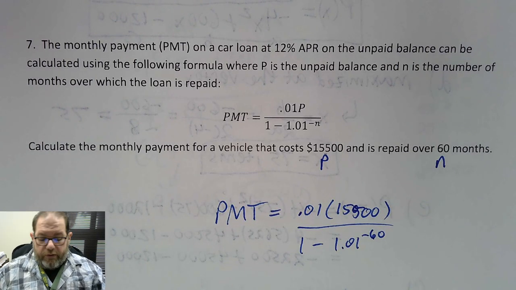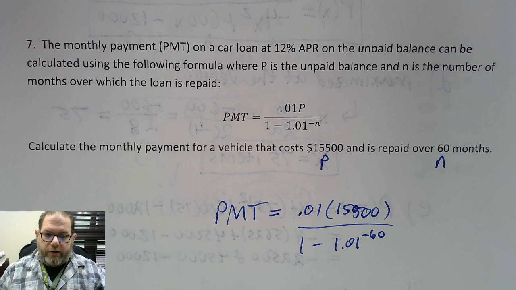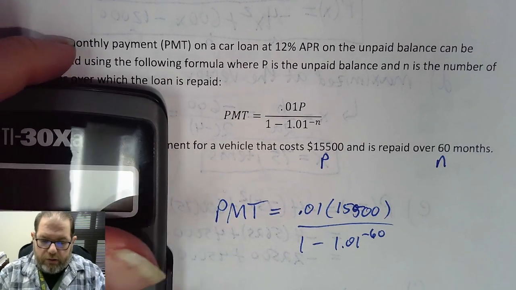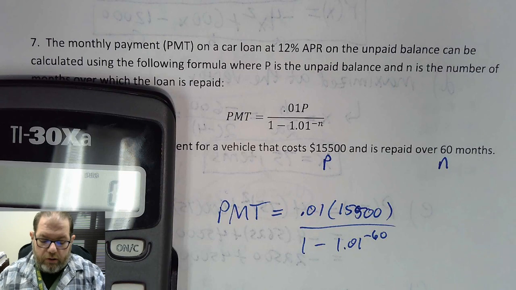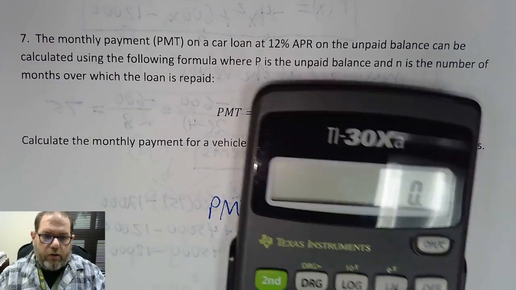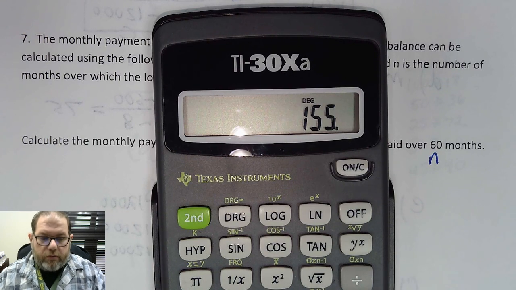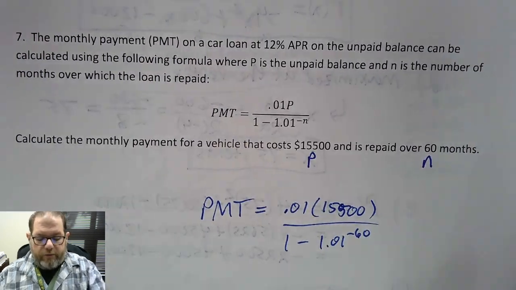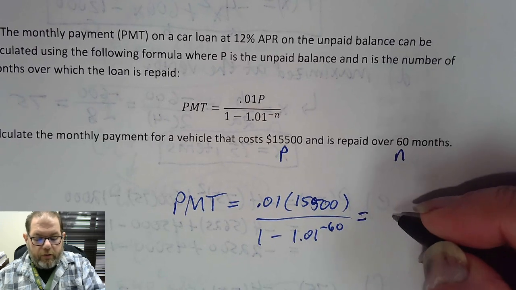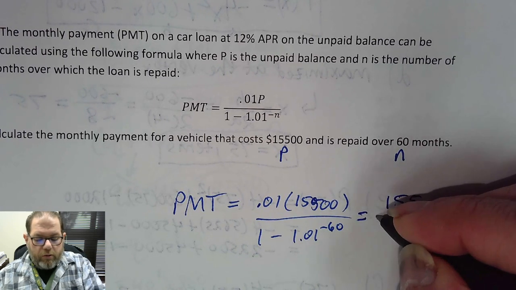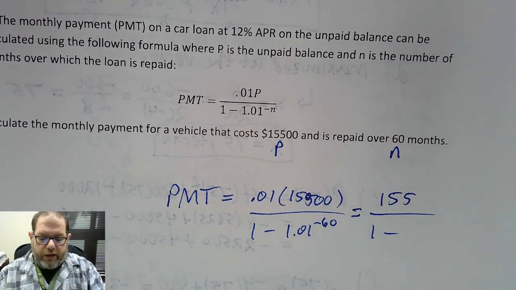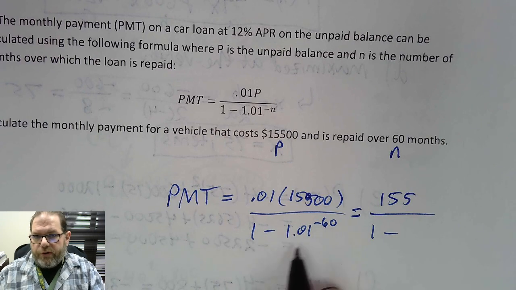Now, on the numerator, 0.01 times 15,500. That just gives us 155. Now in the denominator, we have to do the exponent before we can do the subtraction.